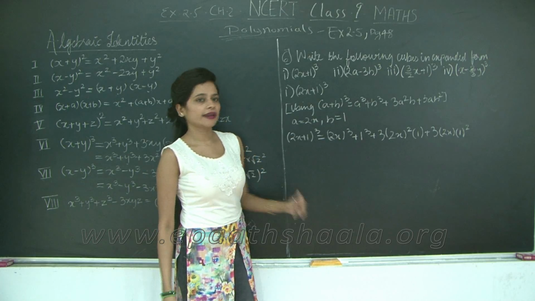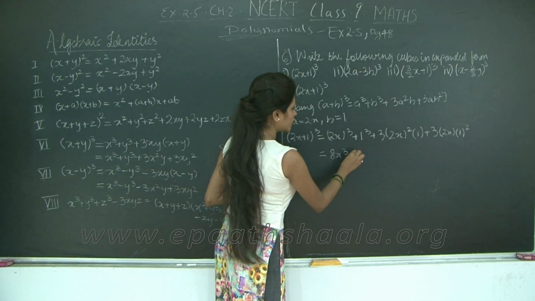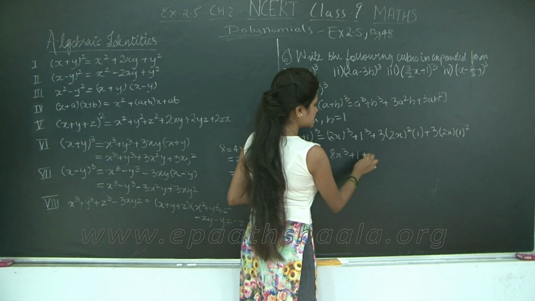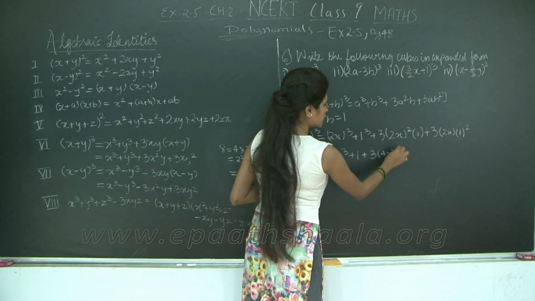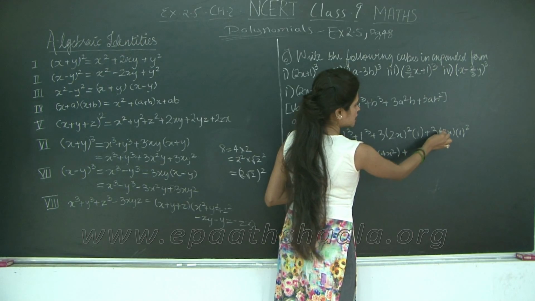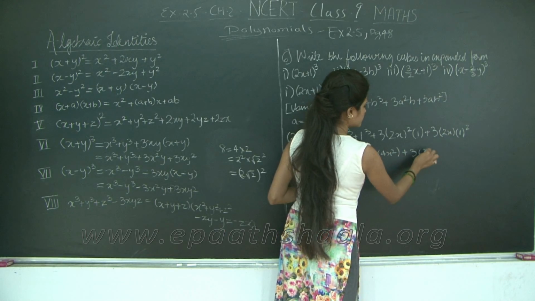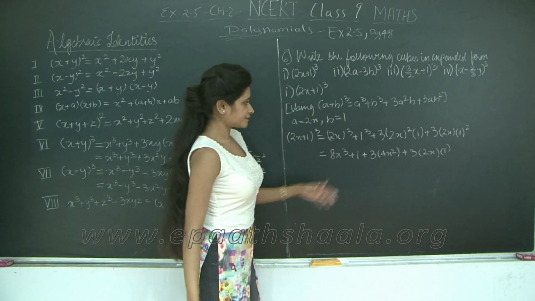Let us further go and expand this. So 2x cube is 8x cube, 1 cube is 1 plus 3 into 4x square into 1 is just going to give you 1 plus 3 into 2x into 1, right?